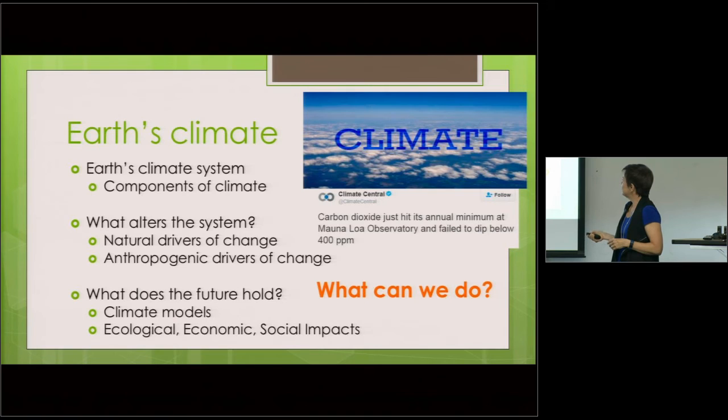Okay, so what can we do? Yes? But if we start using a lot of wood products, wouldn't that just cut back into deforestation? Well, most of the wood products now, if you look for the little sustainable label, are planted purposefully to grow a tree for a product, right?